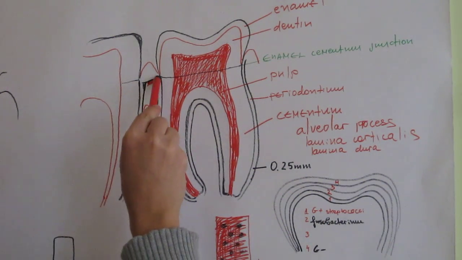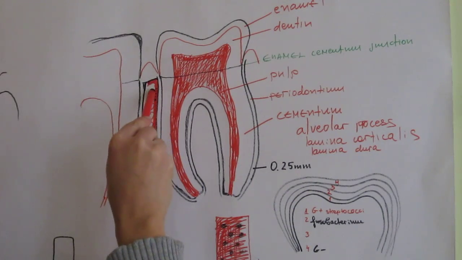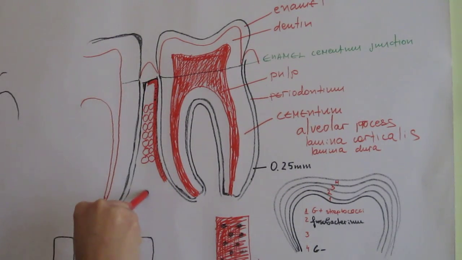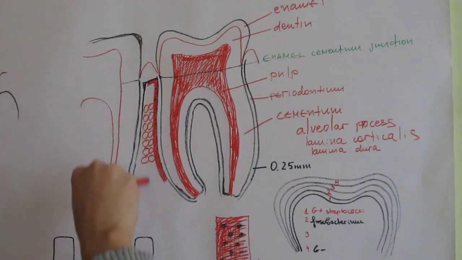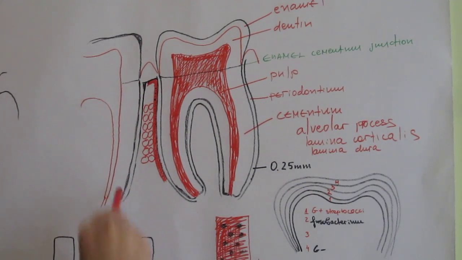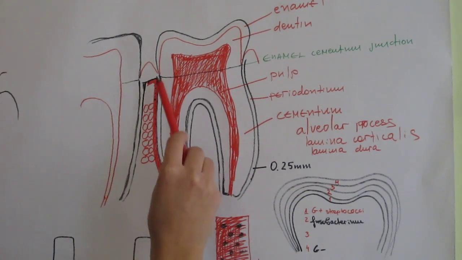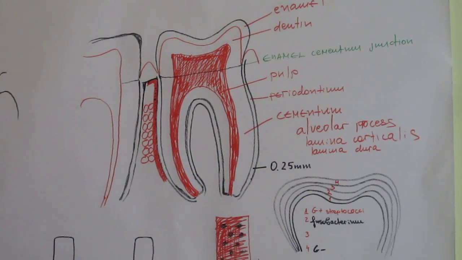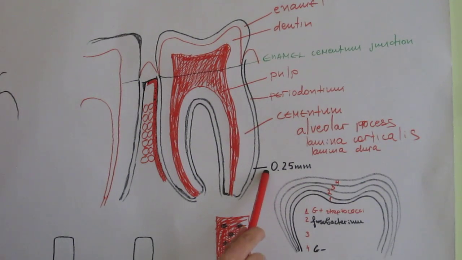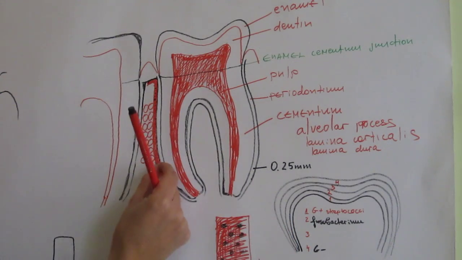Here, this small space between the alveolar interdental part and the root of the tooth, there is the periodontal space. This periodontal space is normally 0.25 millimeters in extent.